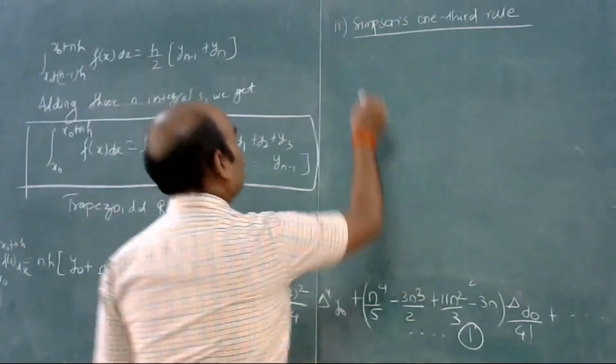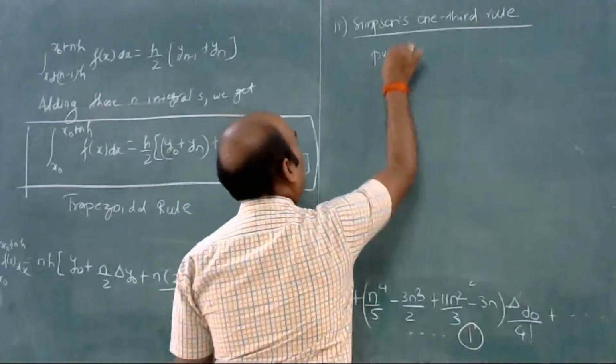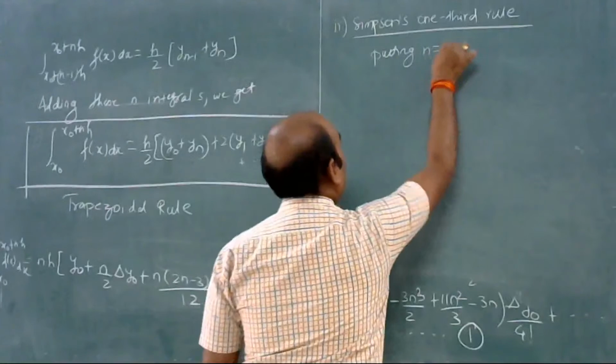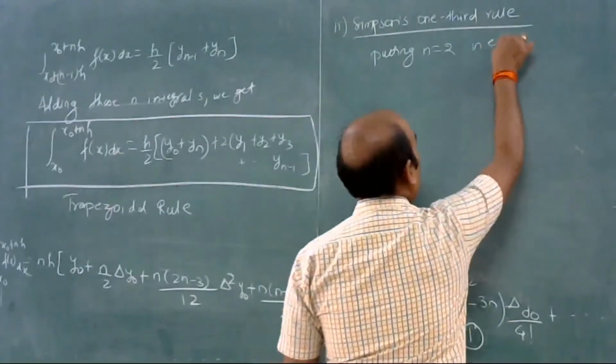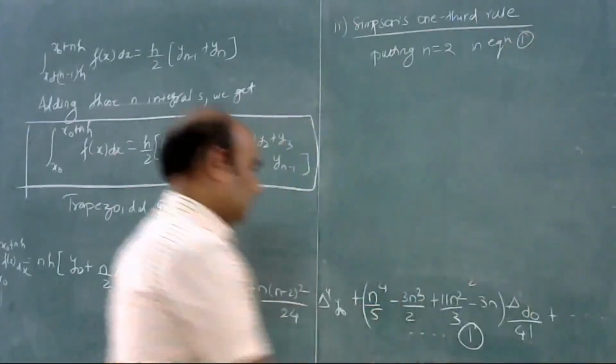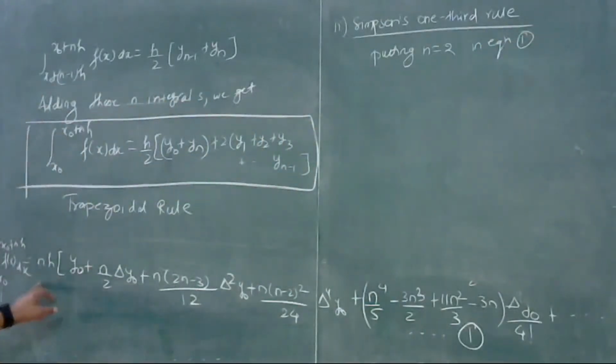So putting n equal to 2 in equation 1, we will find Newton's Simpson 1/3 rule.